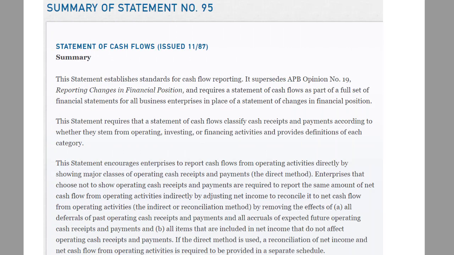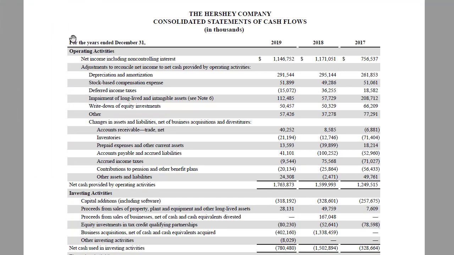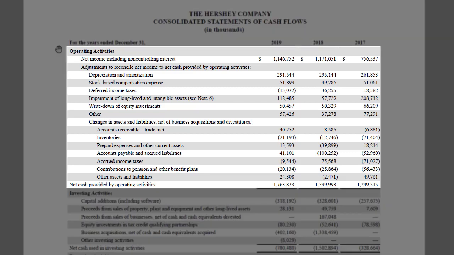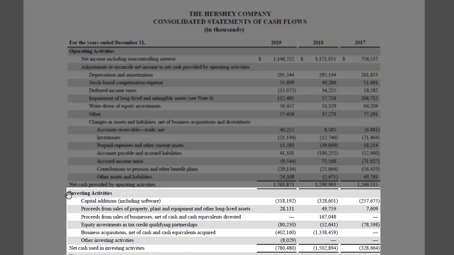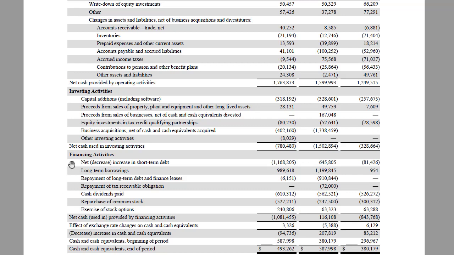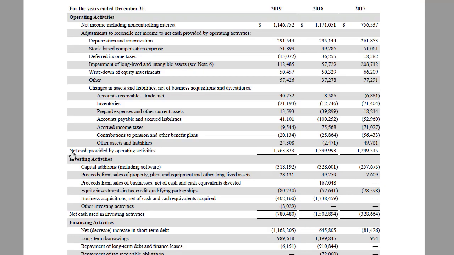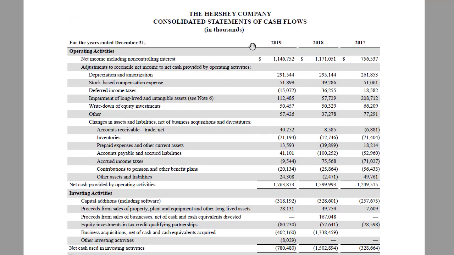But anyways, the indirect cash flow statement is broken into three main segments, and we see that here: operating activities, investing activities, and financing activities. So we'll just start at the top. The indirect method starts with net income.